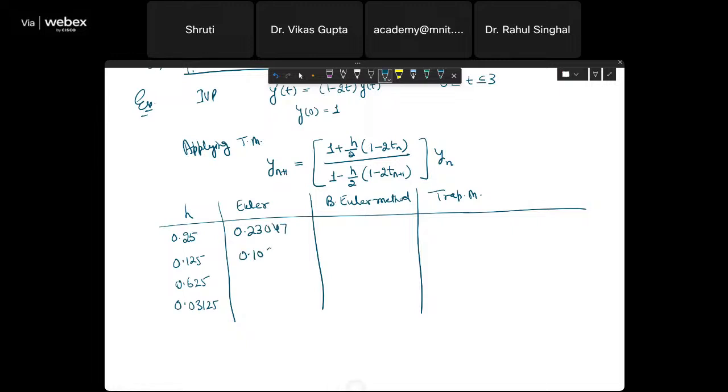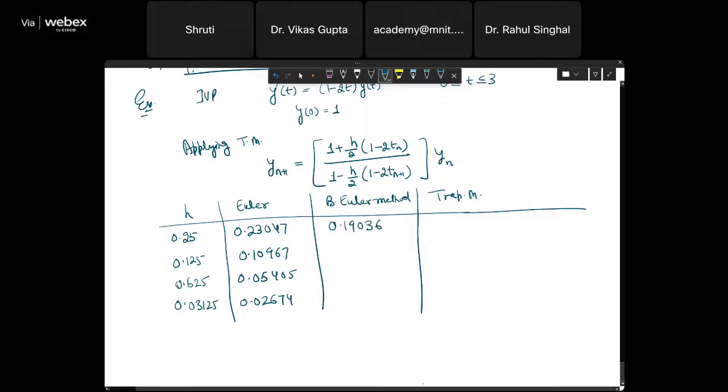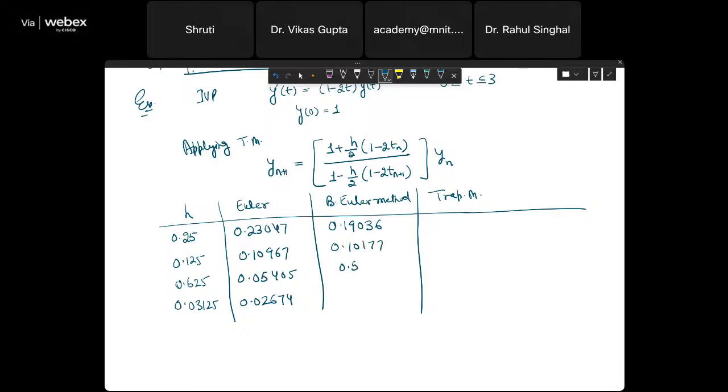Here 0.10967, and then it is 0.05405. Calculating each and everything in a lecture is not possible, so whatever calculation I have, accordingly I am writing. So for backward Euler method, yesterday we saw the L infinity error with this step size was this, and then next was 0.10177, 0.051833, and 0.026218.